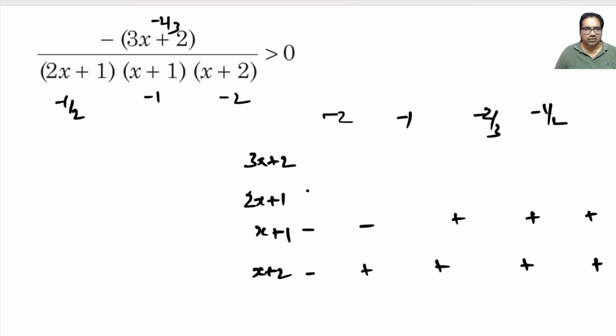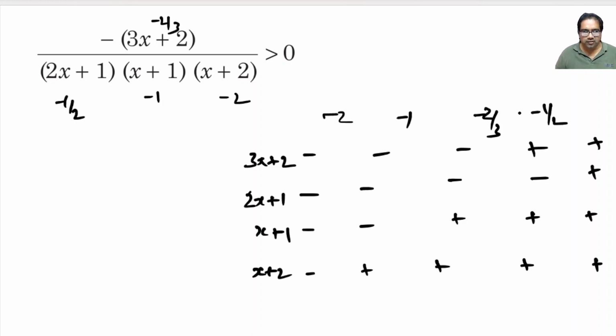Similarly, this one is negative here, negative here, but positive here. Similarly, this one is negative here, negative here. Sorry, this is negative here. This is positive here. This is positive here. Right.